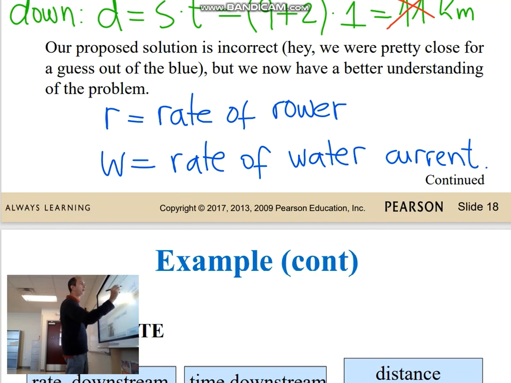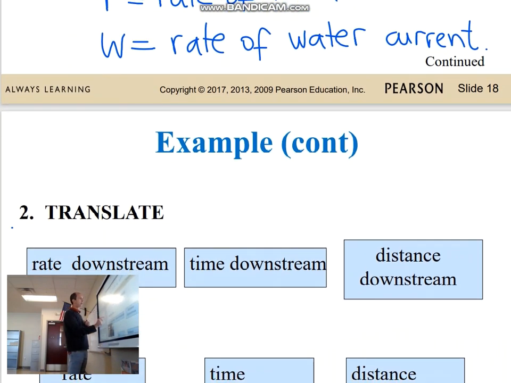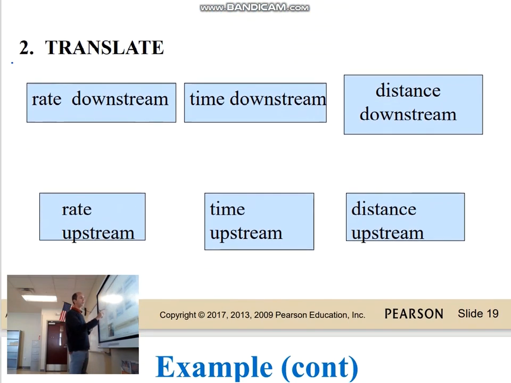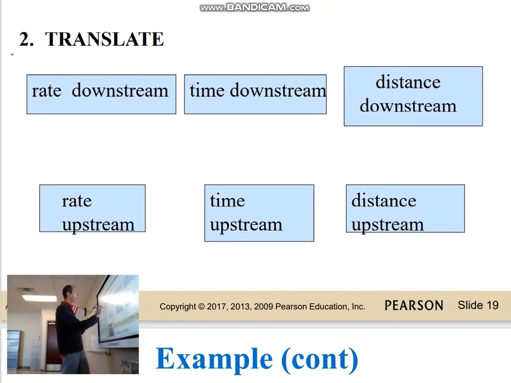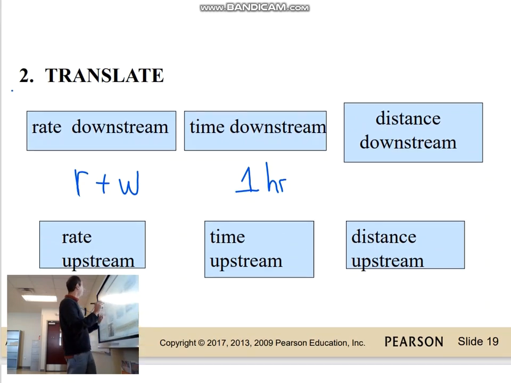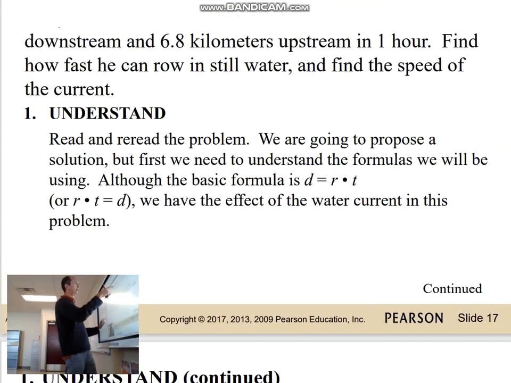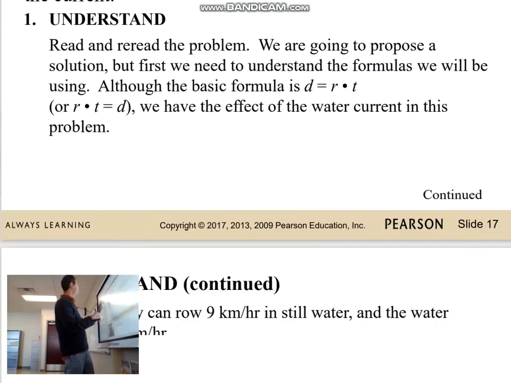Now we have two variables. Let's try to represent the problem using equations. The rate downstream, the current is helping, so the speed is greater, is R plus W. The time downstream is 1 hour, and the distance downstream is 10.6, right? 10.6.